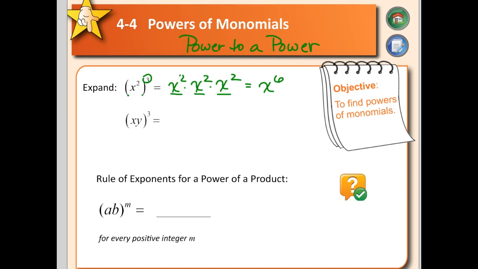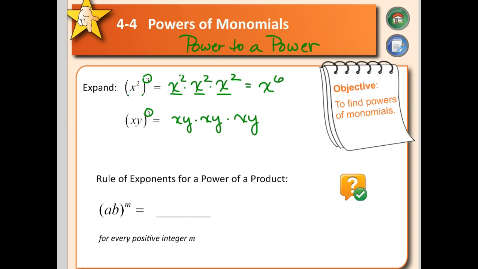Let's look at my second idea of how to expand powers of monomials. Who's my base? That's right, xy is my base. It's what's inside the parentheses. And they want me to repeat that 3 times. So I've got xy times xy times xy.